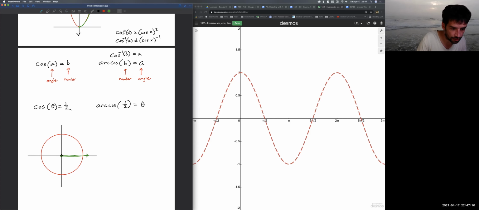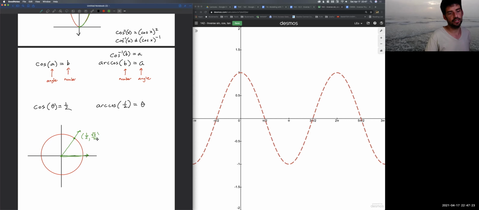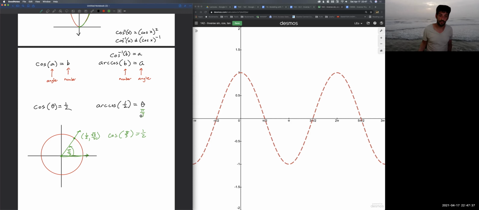We want a cosine of 1/2. If you look at the unit circle, there's an angle about right here, and this is the angle pi/3. It's true, cosine of pi/3 is equal to 1/2, and so pi/3 is a good candidate for what we put for theta there.